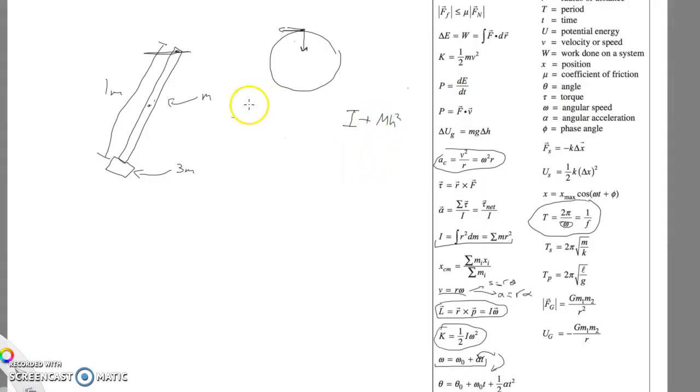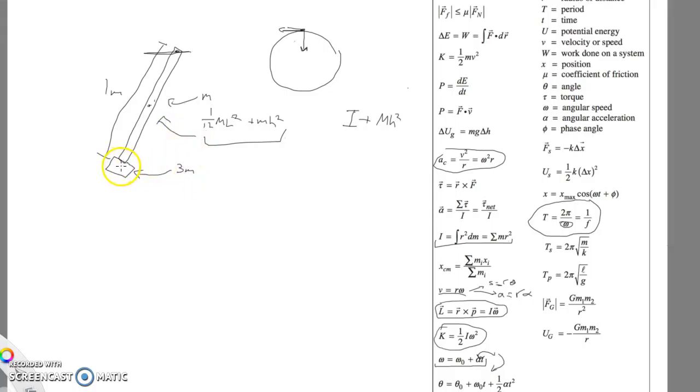Okay? And so for this one, it's a meter stick. The moment of inertia for a meter stick is 1/12 ml squared. We're going to add to it mh squared because it's off its center. And that would be the moment of inertia for this.